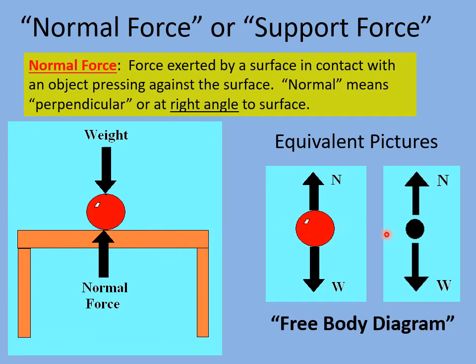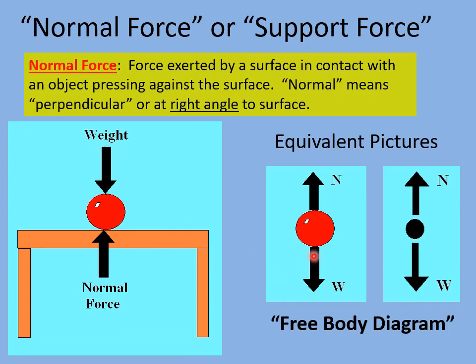Now, oftentimes, especially in your book, they will represent the object, like the apple, with just a dot or a circle, and that's fine as well. The other thing, notice here, is that the position of these arrows on the object is not important at this point in time in this course. The only thing that's important is the direction. So notice in this picture here, I have the weight arrow on top pointing down.